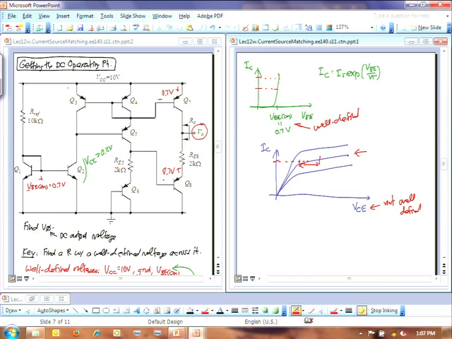And then you say, uh-oh, that's impossible, because the emitter's at ground, the collector can't be less than ground, so it's going to be saturated. And so what you do is you just put 0.2 volts across that, and then you solve it again, knowing that that's 0.2 volts. Okay? And it's very similar for MOS, except as was stated, you've got to calculate the VGS. So MOS is harder.